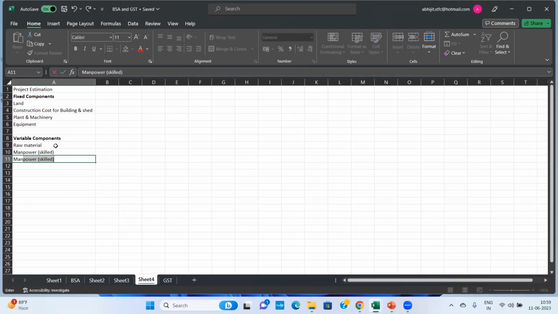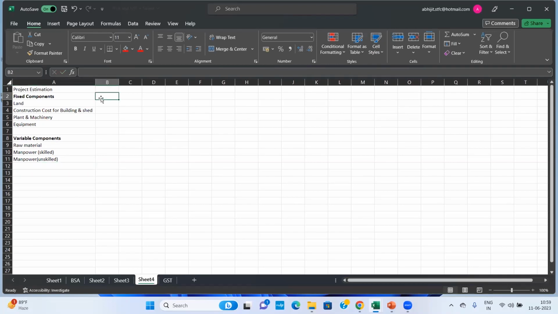Technical could be functional technical or technical technical. Functional technical means accounts, human resource, etc. And technical technical means the engineers and all. And there is unskilled.